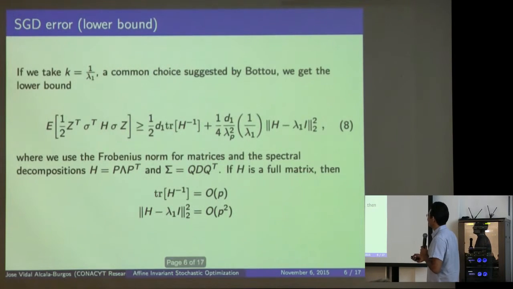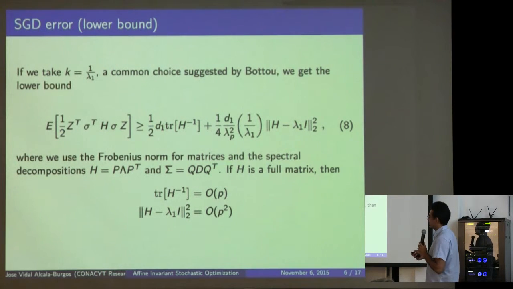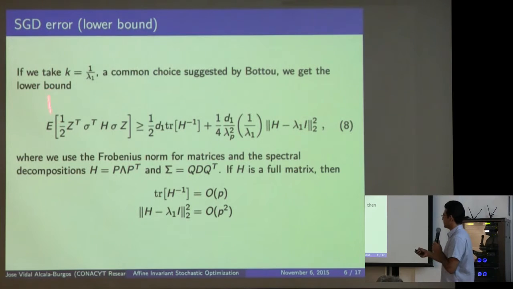Well, this is what happens. We can estimate a lower bound for that second term, and we get the following. First of all, we do the spectral decomposition of the matrix H and the matrix sigma, and we put lambda, the diagonal matrix with the eigenvalues of H, in increasing order. The same with sigma. And this is the bound, a lower bound for the error of the stochastic gradient.